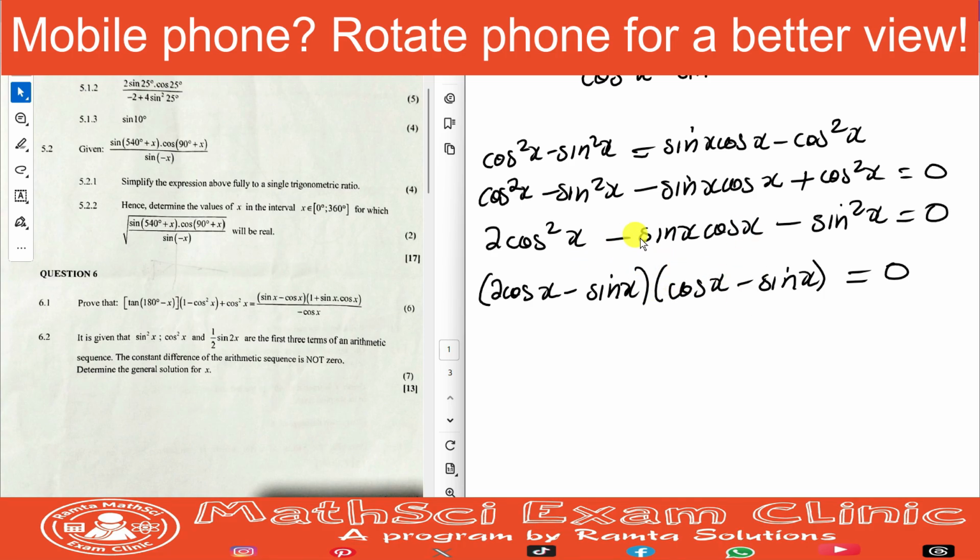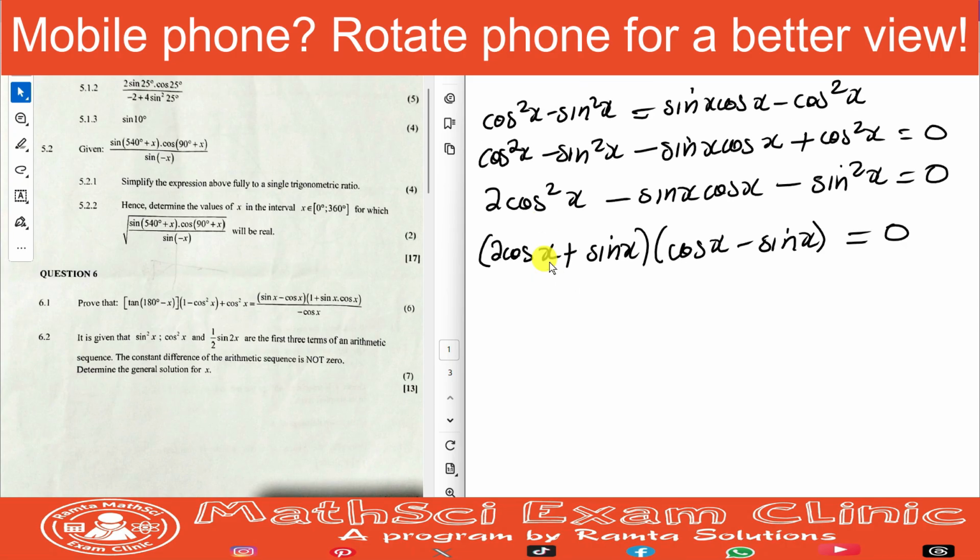Since the sine square x is negative, the bigger factor must take the sign of the middle term. The middle term is negative, so this one must be negative, and this will be positive. So this is me now explaining to you guys.